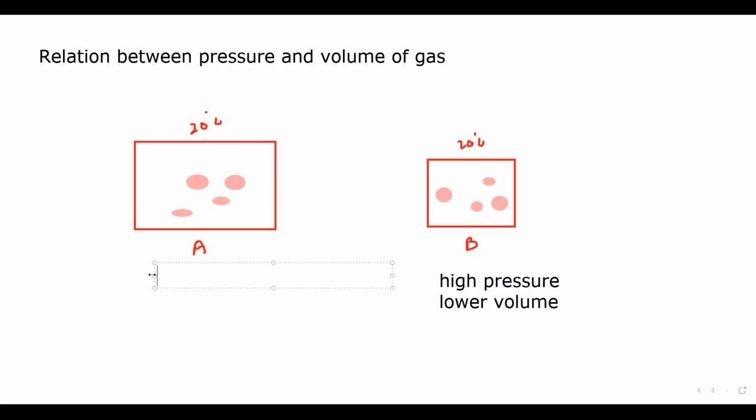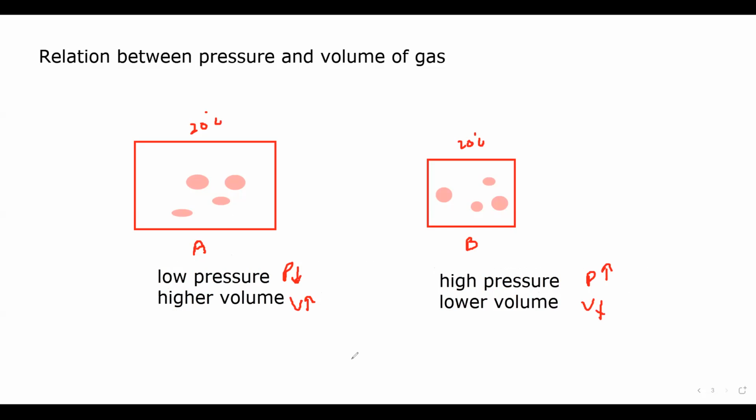A has low pressure and it has a greater or higher volume. So what is the relation between pressure and volume? As you can see here, the pressure is low, the volume is high. And here the pressure is high, the volume is low.